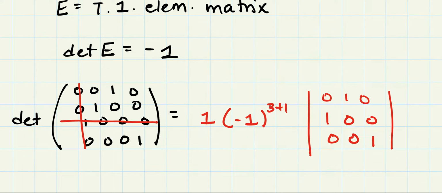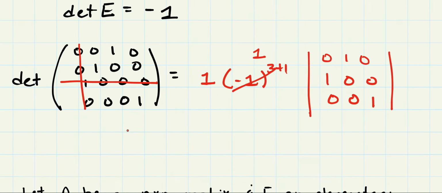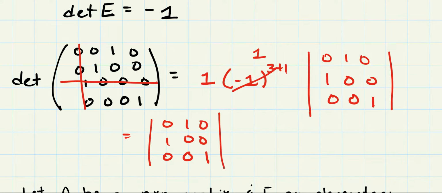And you notice that this will be just 1. So this is equal to the determinant of this matrix, 0, 1, 0, 1, 0, 0, 0, 0, 1. And notice if I go along this row, I'll get 1 times negative 1 to the 3 plus 1.